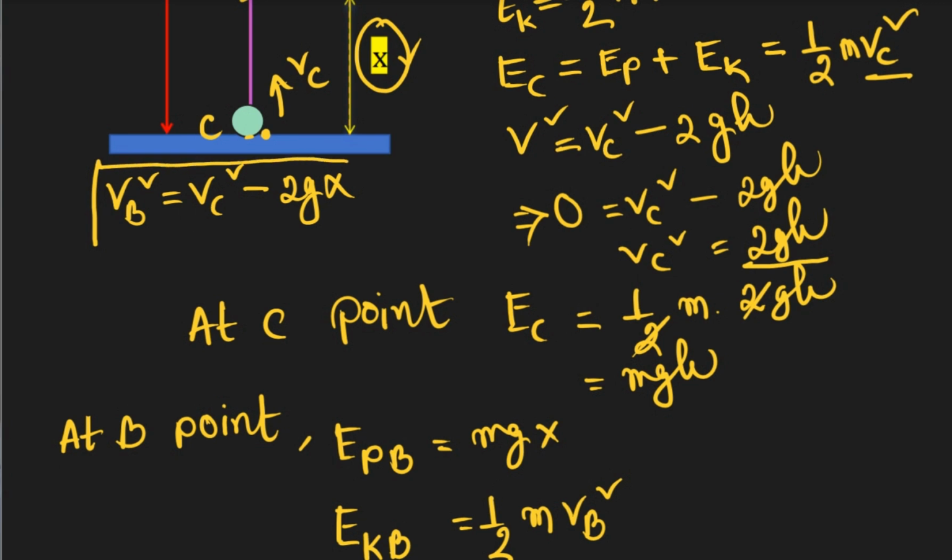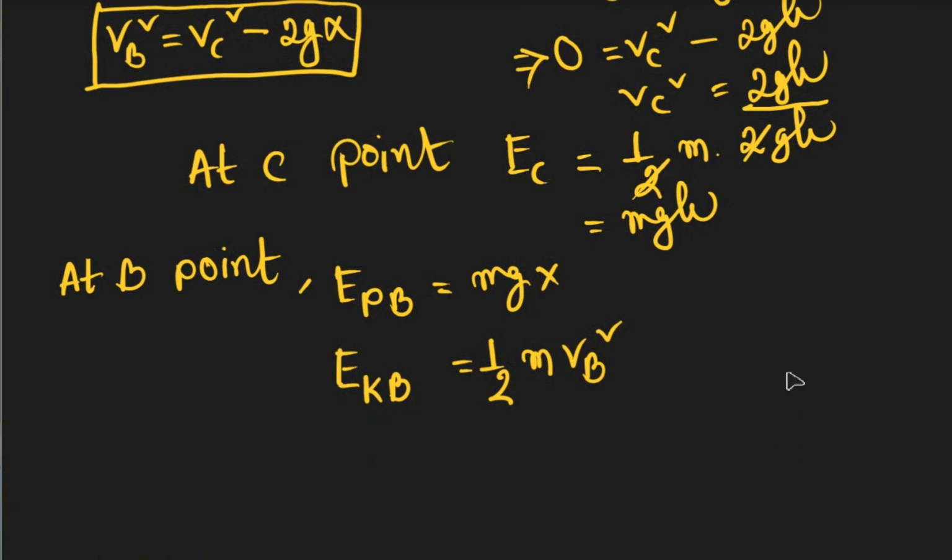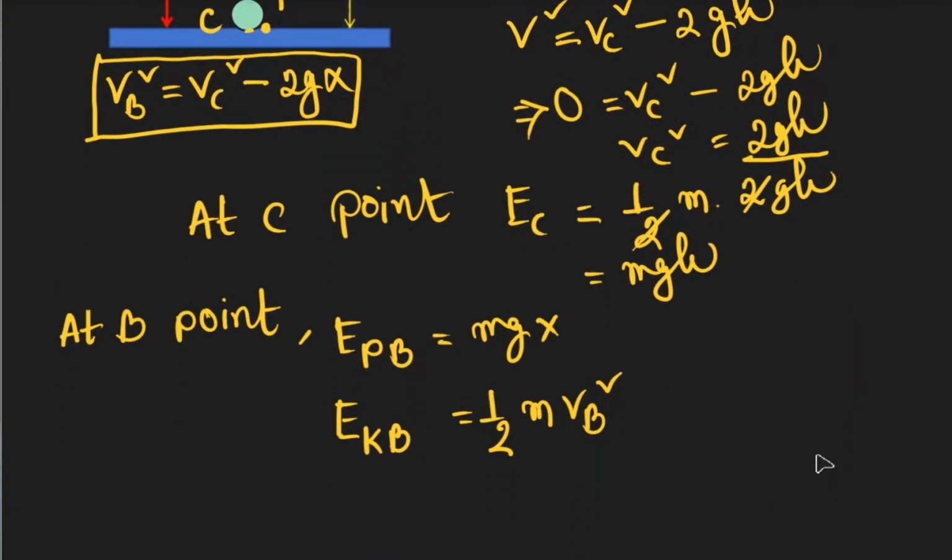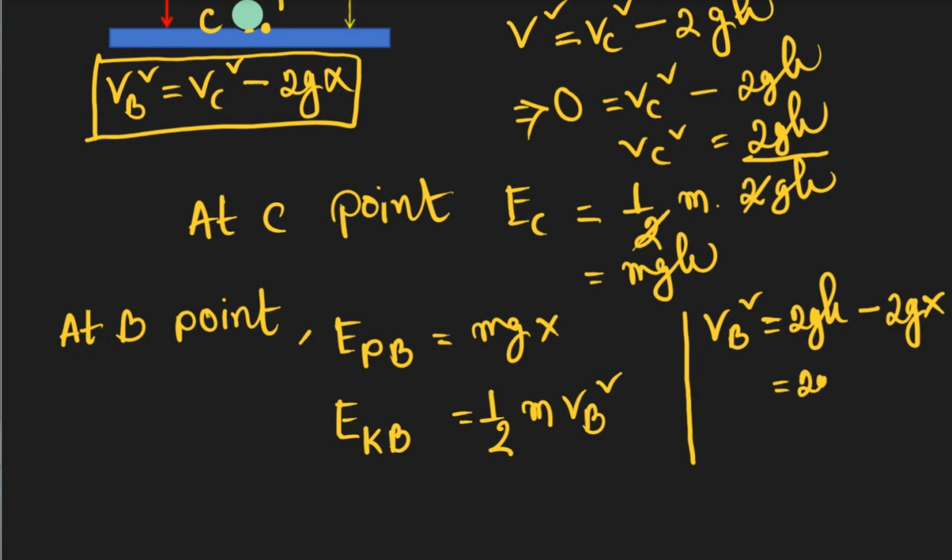Let's write down this equation for better understanding: vB square equals vC square, so 2gh minus 2gx, which is 2g times h minus x.